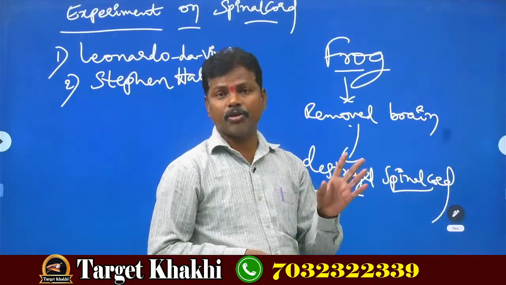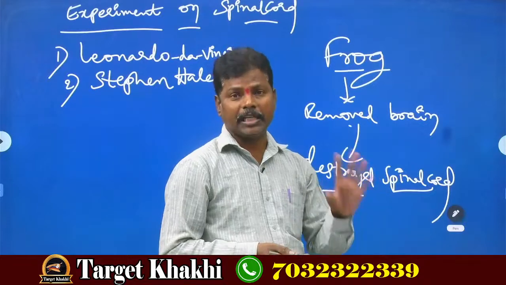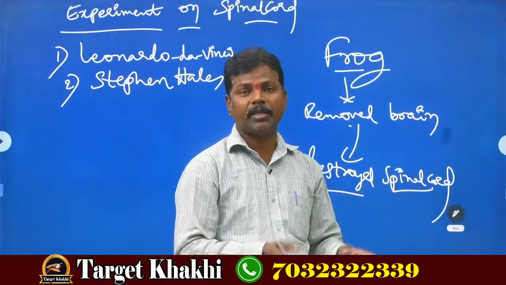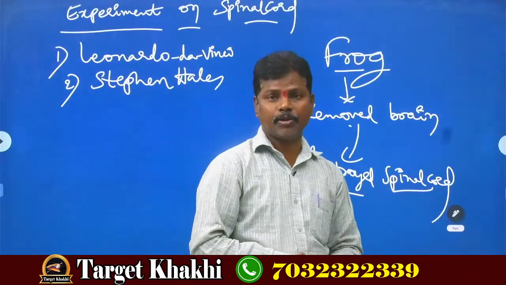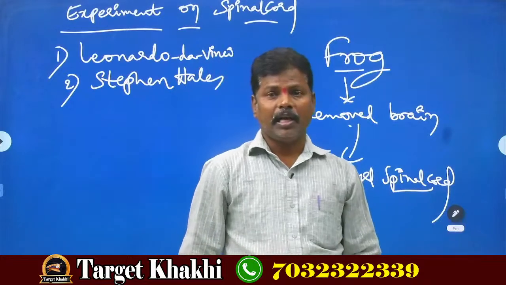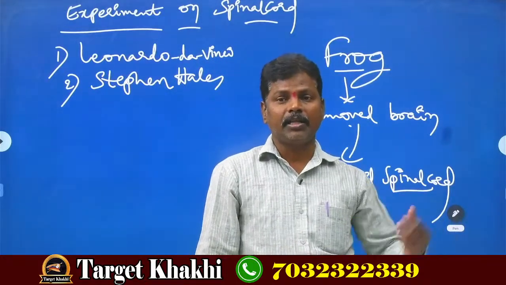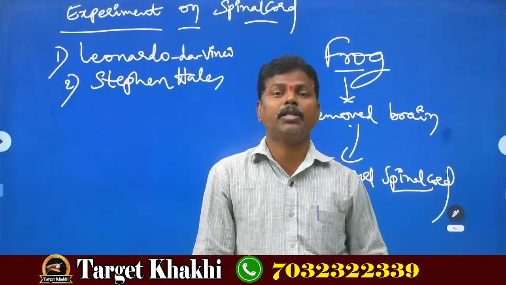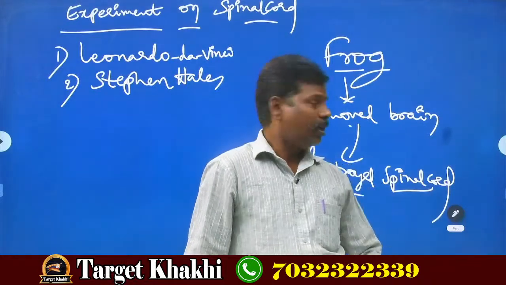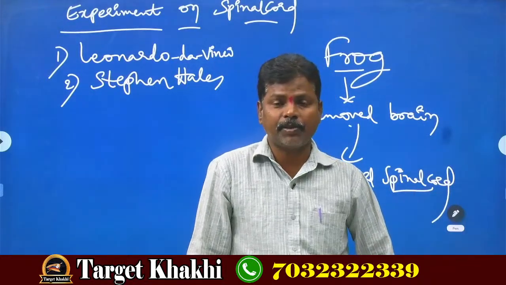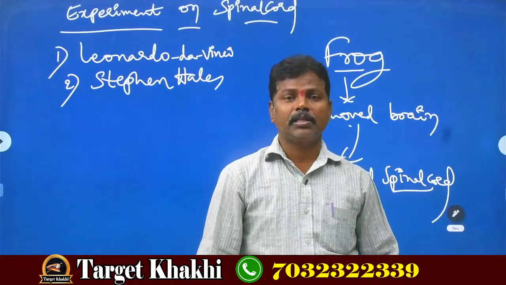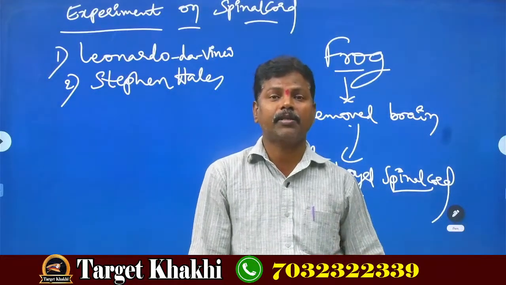There was no movement and no response. The frog was dead. So finally they came to know. Until the 17th century and up to the 19th century, people didn't know the importance of spinal cord. By the experiments of these two persons, everybody came to know the importance of spinal cord.